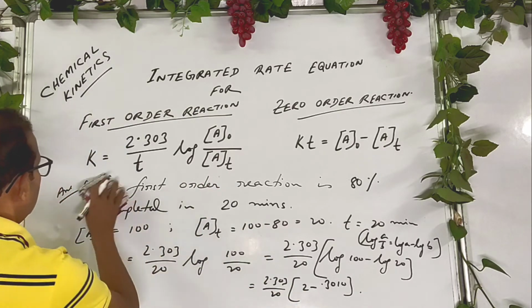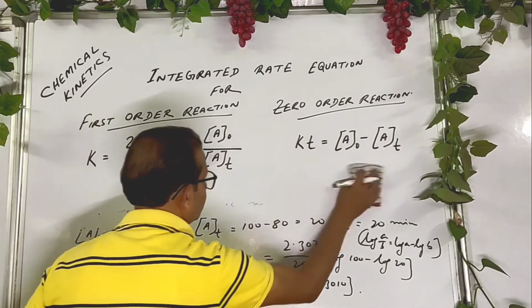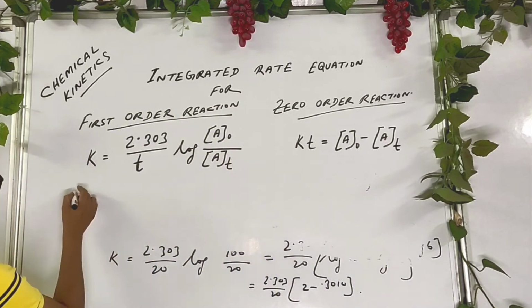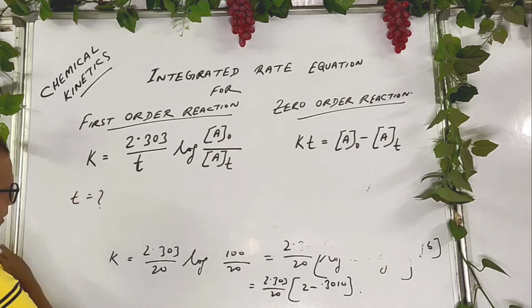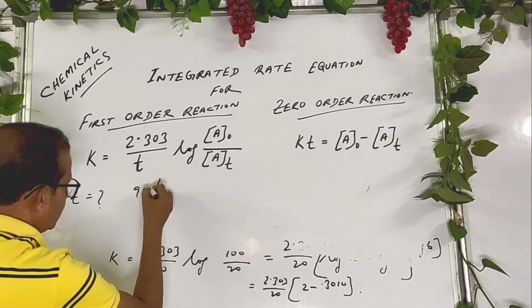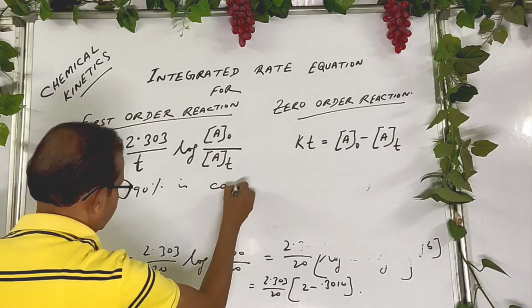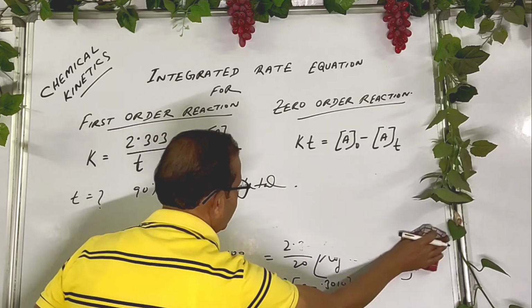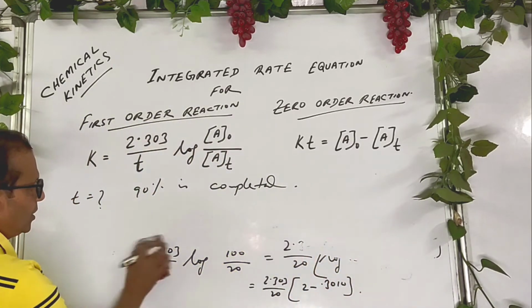What is the second part? See the second part. The second part is t to be calculated, 90% is completed.